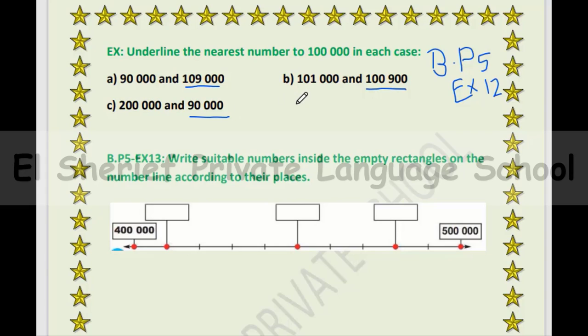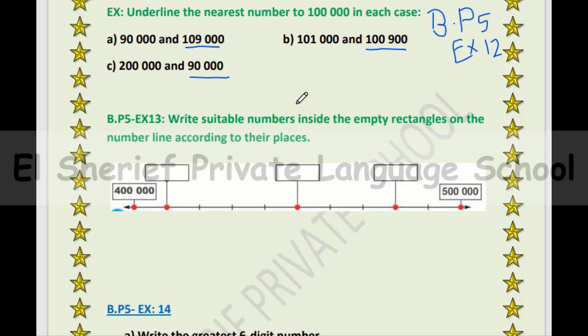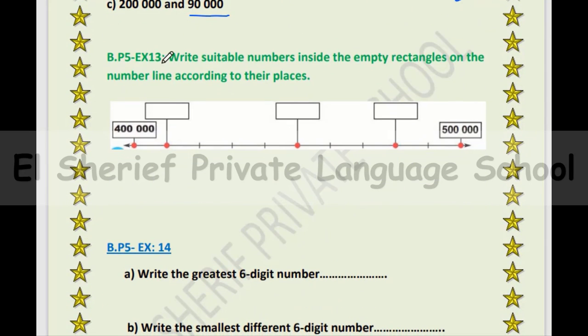Okay, the next exercise, 13: write suitable numbers inside the empty rectangles on the number line according to their places. Here we have 400,000 and here we have 500,000.